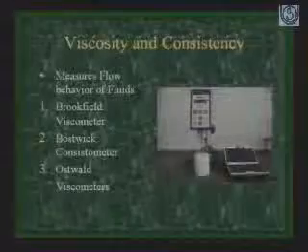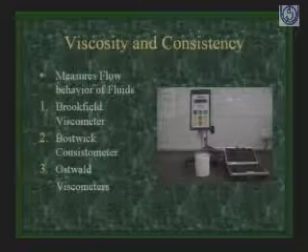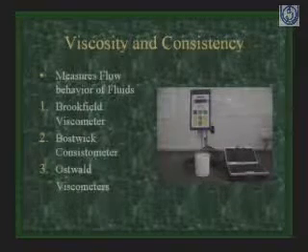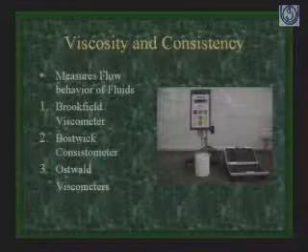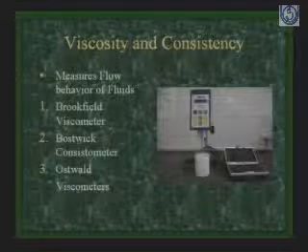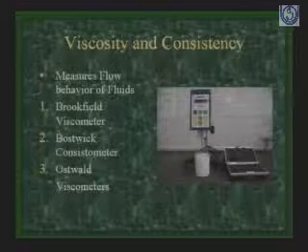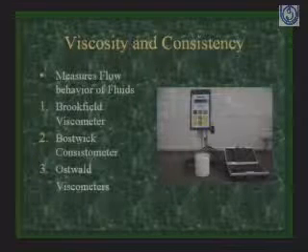Now come to the next physical parameter, that is viscosity. Viscosity and consistency are measured by different types of equipment. It is again a physical parameter which basically measures the flow behavior of the fluid. There are the Brookfield viscometer, the Bostwick consistometer, the Ostwald viscometer.